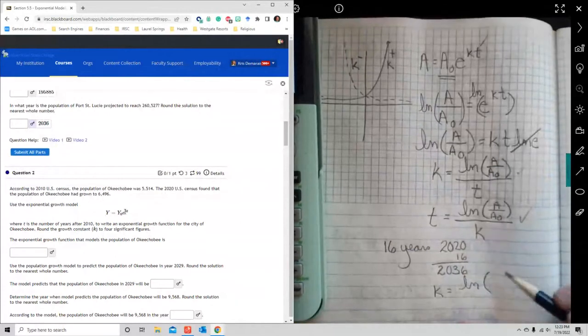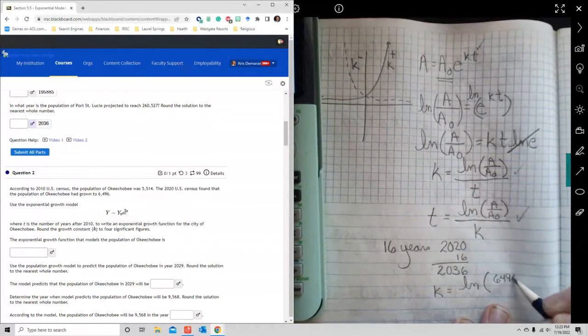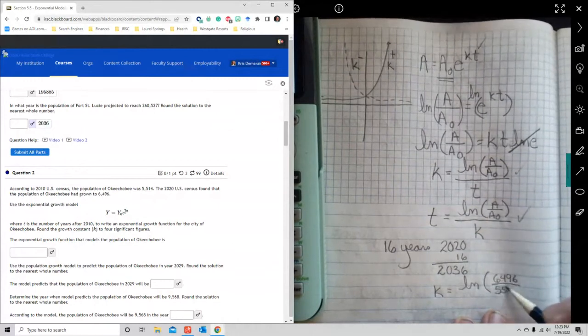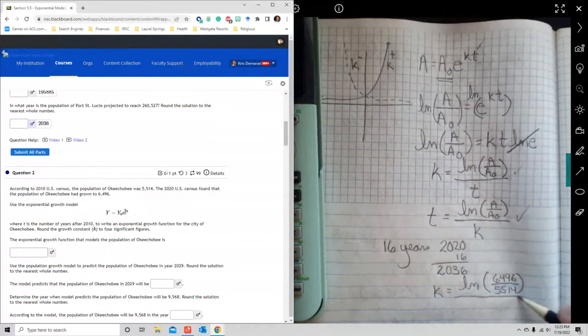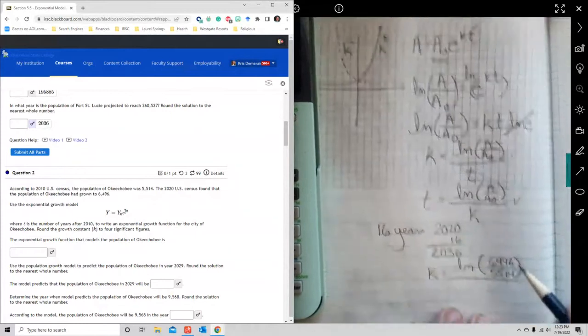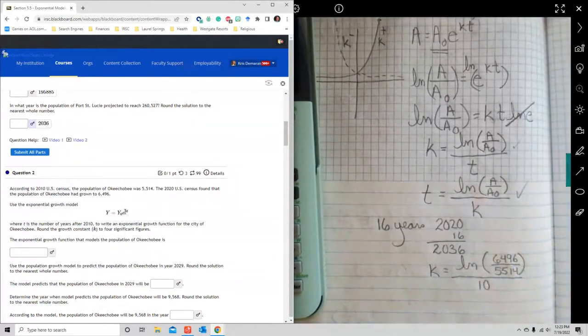So it's ln of the projected value, 6,496, divided by the initial value of 5,514, and then we divide that by the years. We put in 10 years, because that's how long it takes to make that happen.